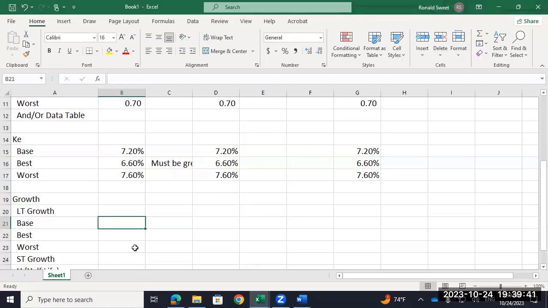What's the base case for Walmart? So the long term, once Walmart saturates everywhere they can go, it's essentially population growth and inflation. Am I going to give them some credit for the fact that they're a well-managed firm? They're going to find ways to be more productive, those kinds of things that can add some growth. So my base case is going to be 4.5%.